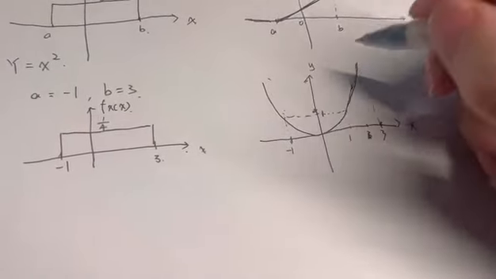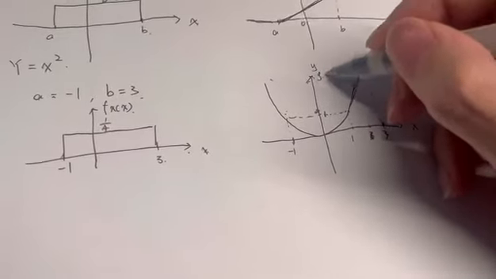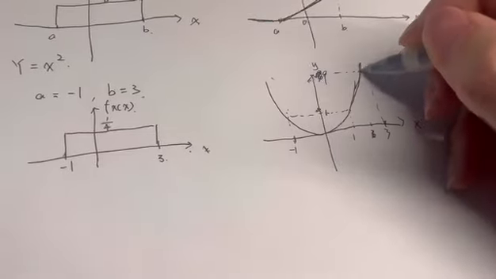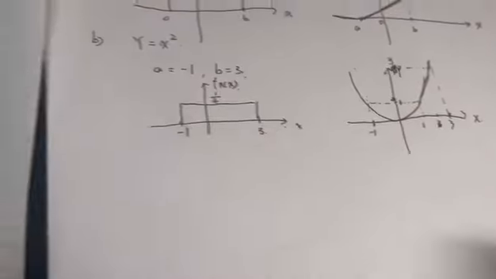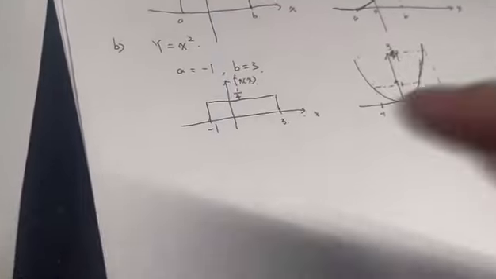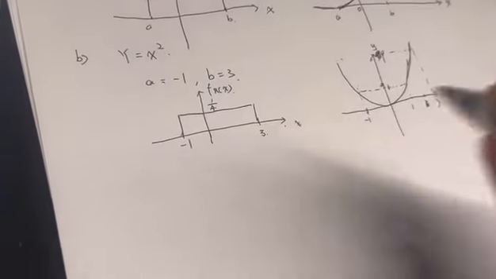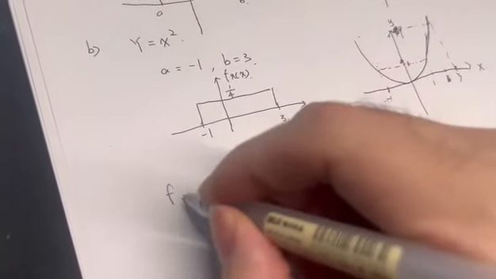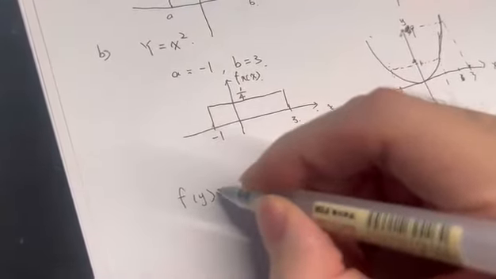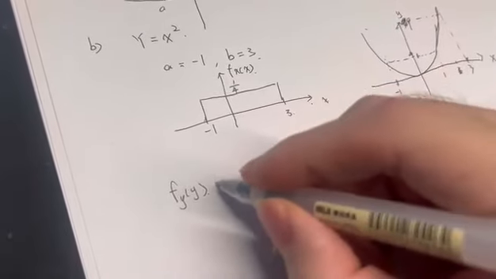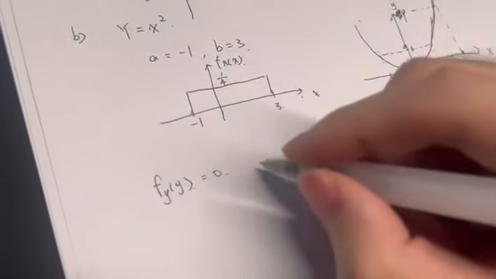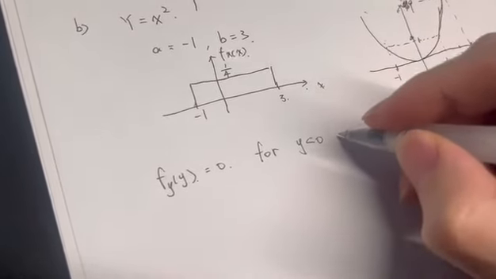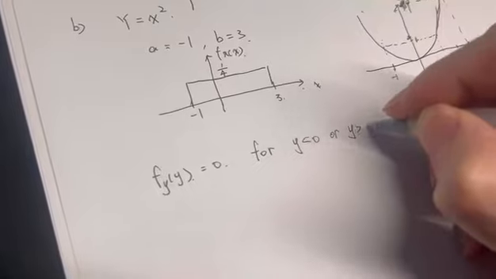So Y equals 9 when X is equal to 3. From this graph we can observe that the density function for Y equals 0 for the range Y less than 0 or Y larger than 9.